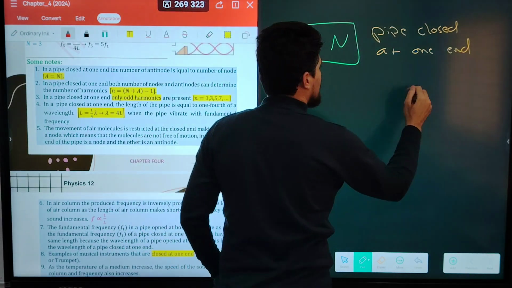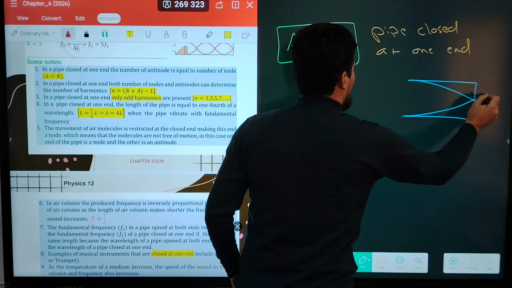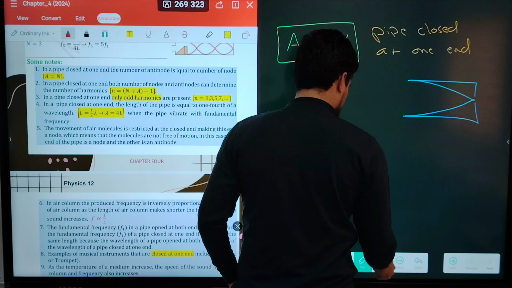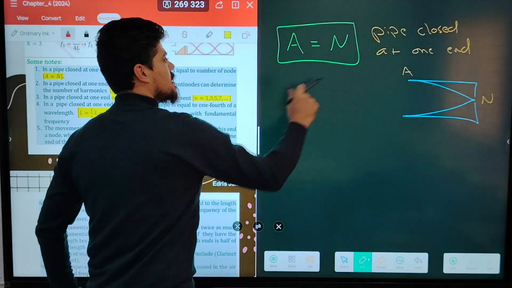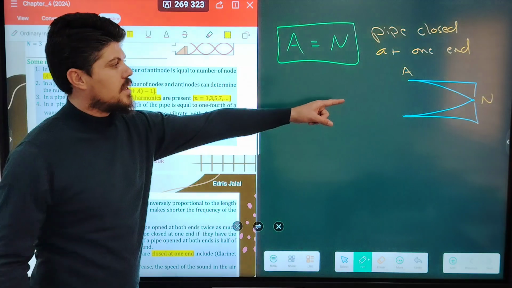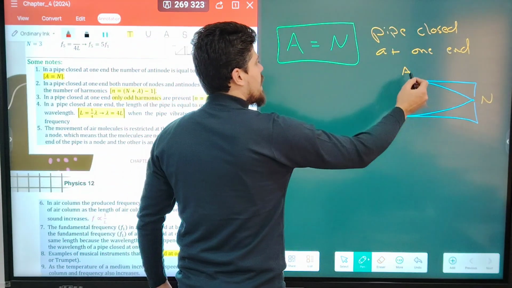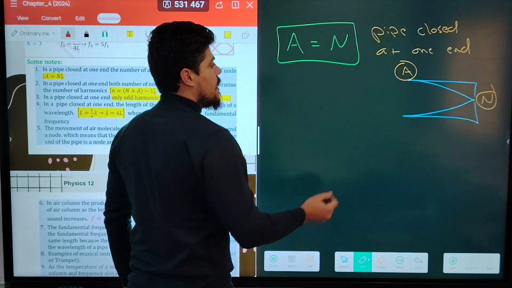The simplest standing wave consists of one node and one antinode. This is the simplest standing wave that occurs in a pipe closed at one end. Guys, the open end is always an antinode, the closed end is a node.